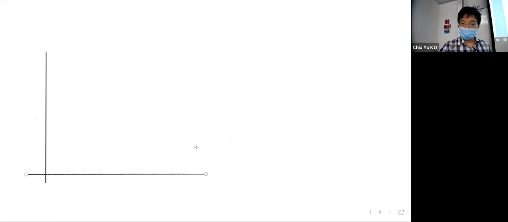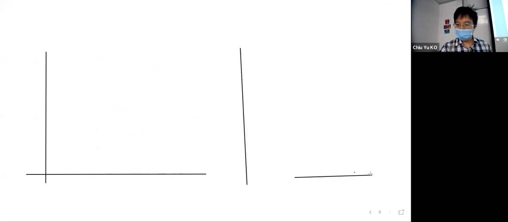If I have another graph, and I have the data here, for some X the data is like this. And compared to the other case, the data is like this.